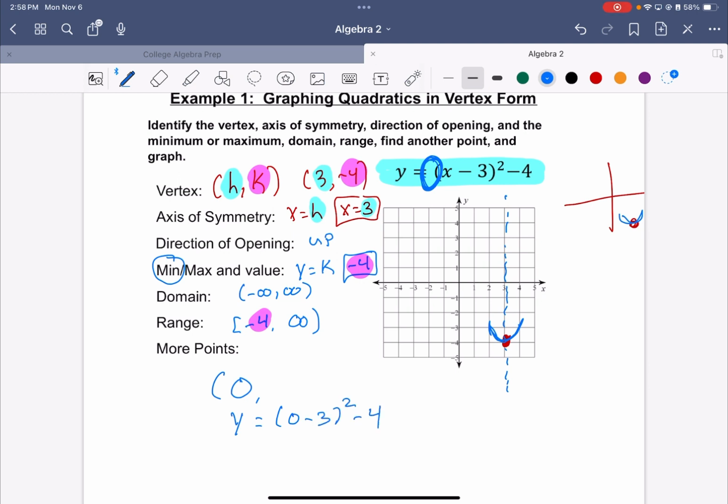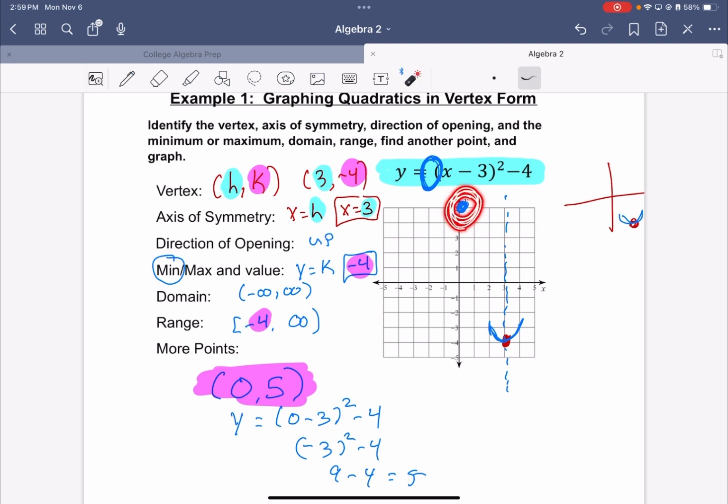So that's (0 - 3)^2 - 4. So that's (-3)^2 - 4. -3 times -3 is 9. 9 minus 4 is 5. So I know that the point (0, 5) has to be part of my graph. So (0, 5) is right there on my graph.